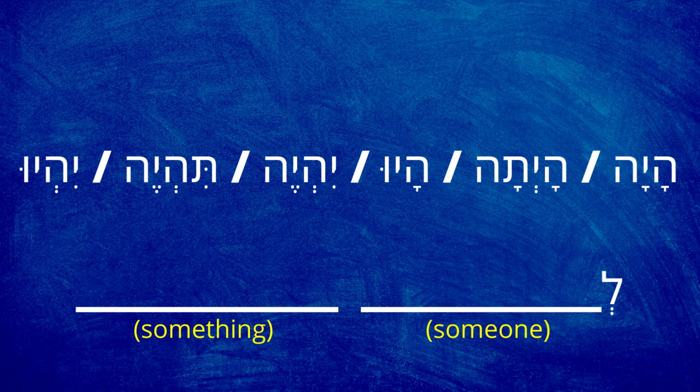Here, all I did was change the ordering of the words, but I left all the components of the sentence there. As before, make sure to add the letter lamed before the name of the person. In order to turn the phrase into a negative phrase, simply add the word lo.